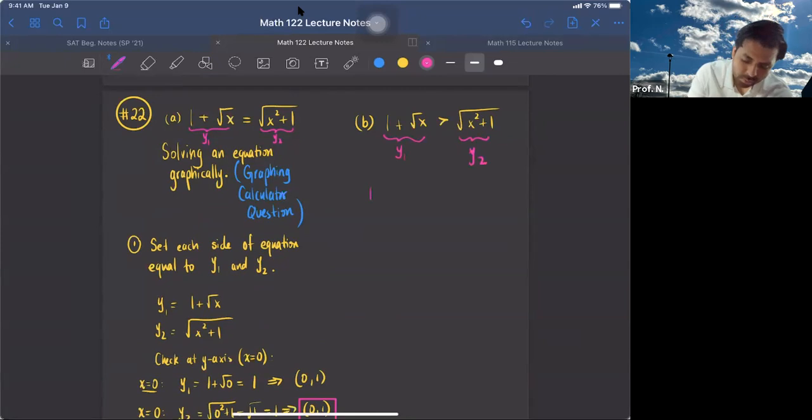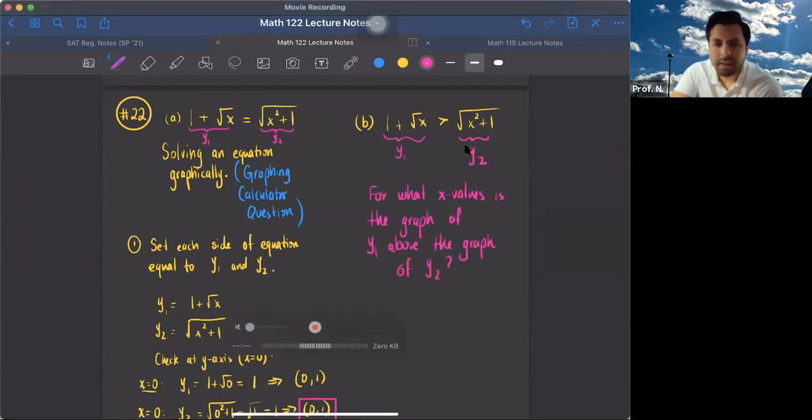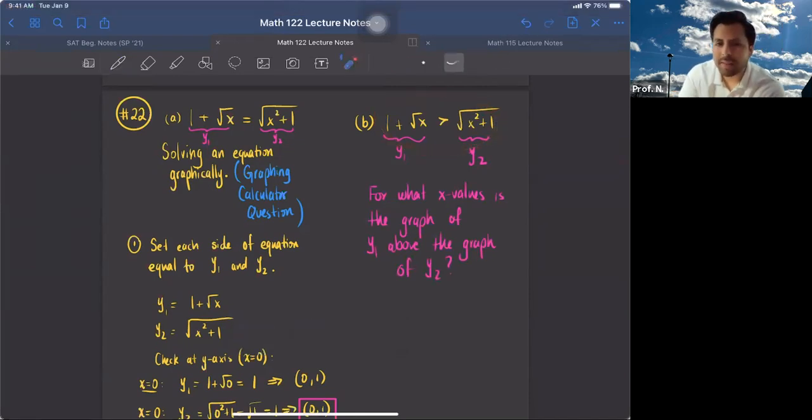So for what x values is the graph of y1 above the graph of y2? Does everybody see how I interpreted this symbolic inequality as saying when is the graph of y1 above, bigger than, the graph of y2?